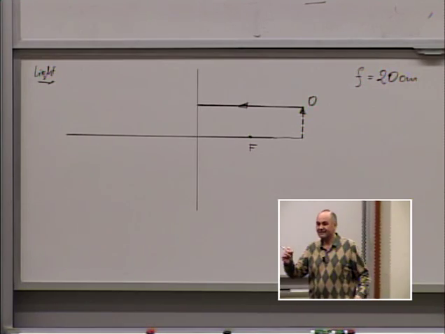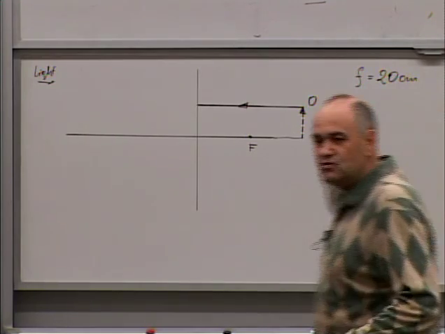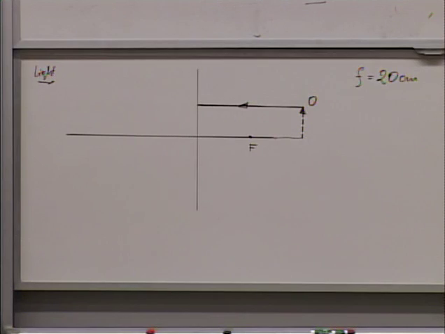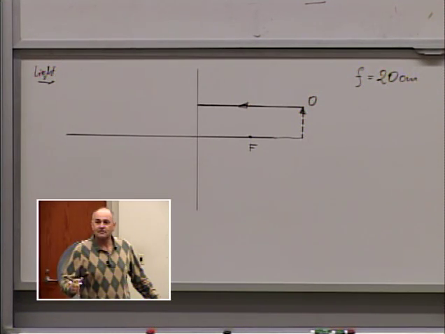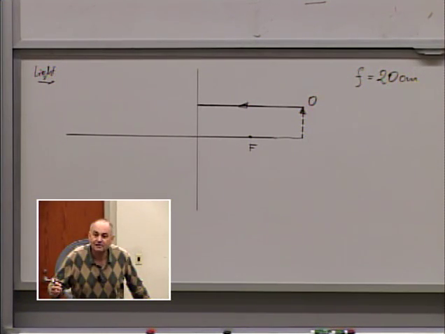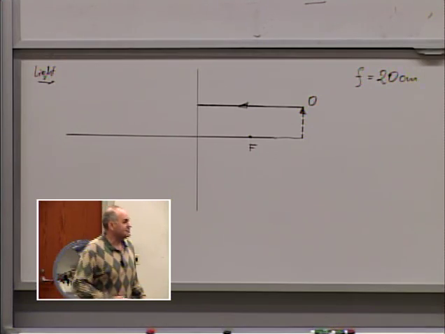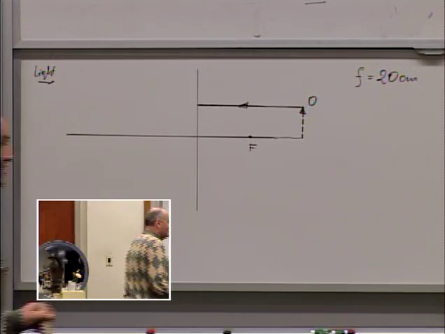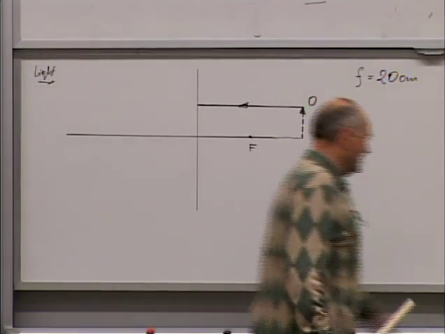How should I mark the object ray? What's wrong with this object parallel ray? The light is coming the wrong way. Correct. The light is coming the wrong way.